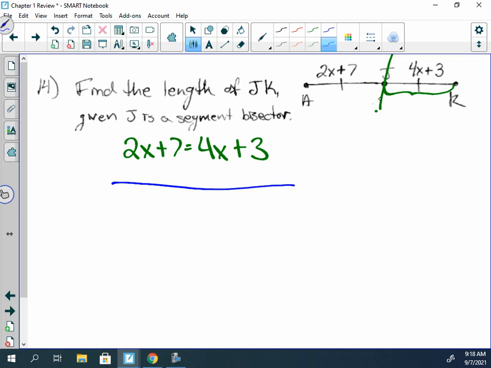So what can we do first? We can't quite combine like terms because the equal sign in the middle is splitting them up. So those 2 would cancel out and we get 2X is equal to 4X minus 4.